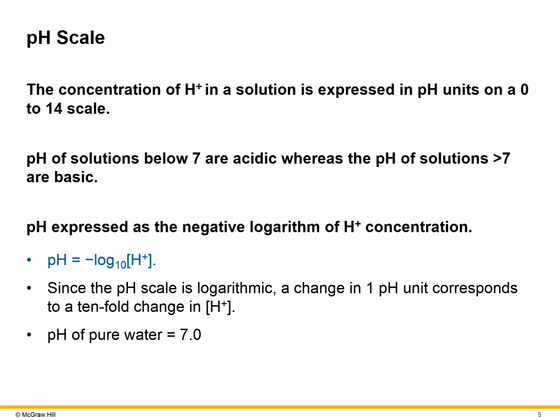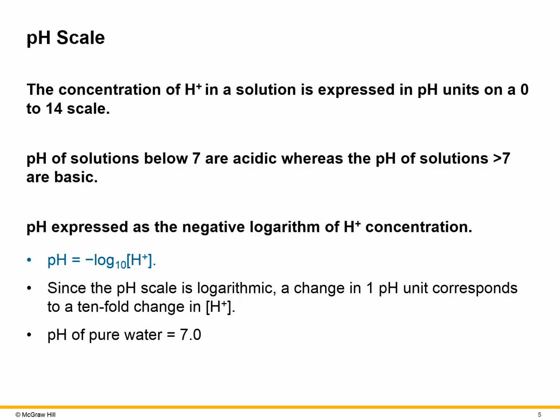pH is a way of expressing the hydrogen ion concentration, but it kind of makes things a little bit confusing. pH is the negative log of hydrogen ion concentration. The upshot of that, the way the math of logarithms and the negative log works, is that it's the same thing as saying the log of 1 over hydrogen ion concentration.